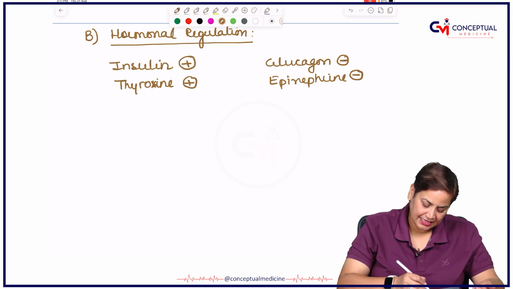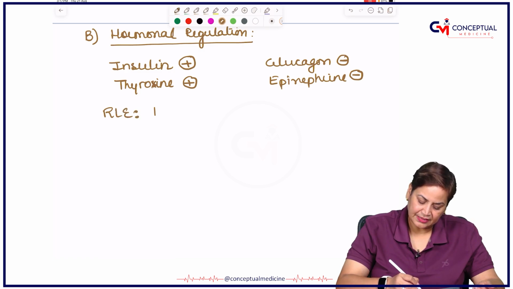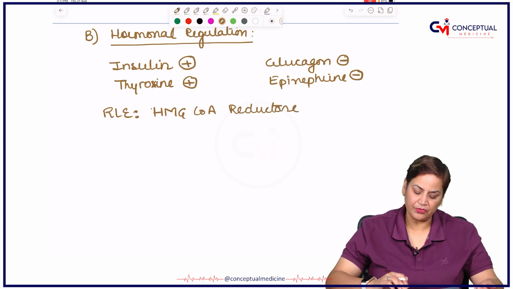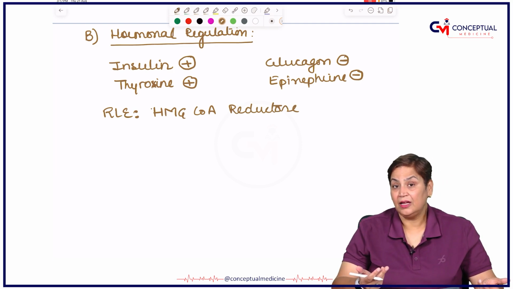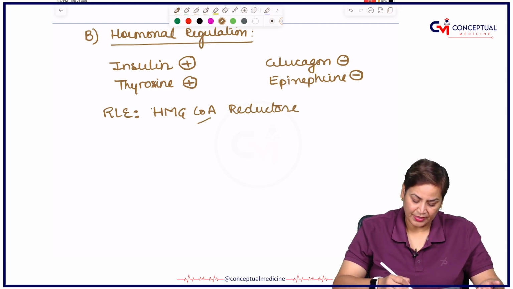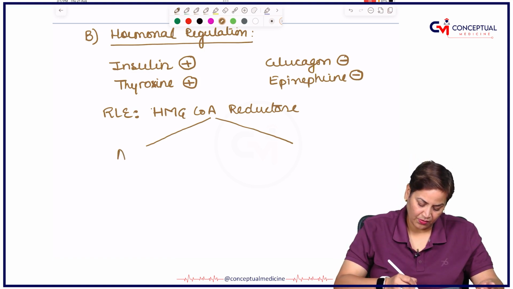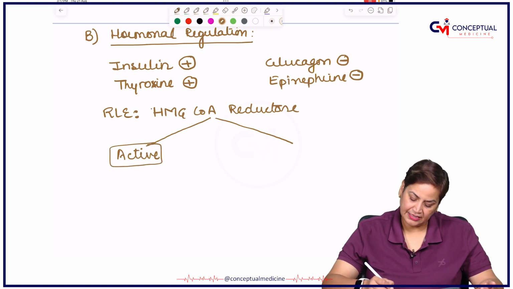Since it is a rate limiting enzyme, and obviously if it is a regulating enzyme, it has to be present in two forms. One is the active form and second is the inactive form.